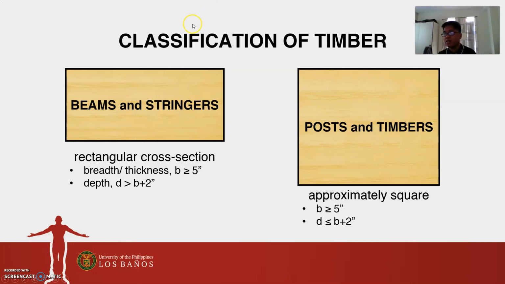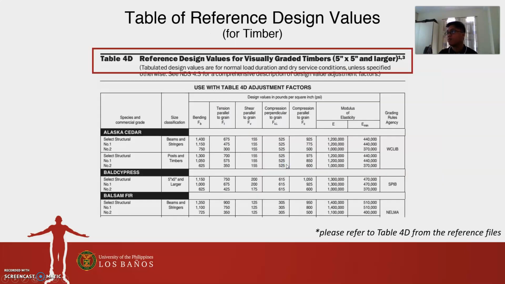The breadth or thickness is greater than or equal to 5 inches for beams and stringers, and the depth is greater than 2 inches plus the thickness. On the other hand, the depth for posts and timbers is less than or equal to B plus 2 inches. In short, beams and stringers are rectangular in section, while posts and timbers tend to be approximately square.